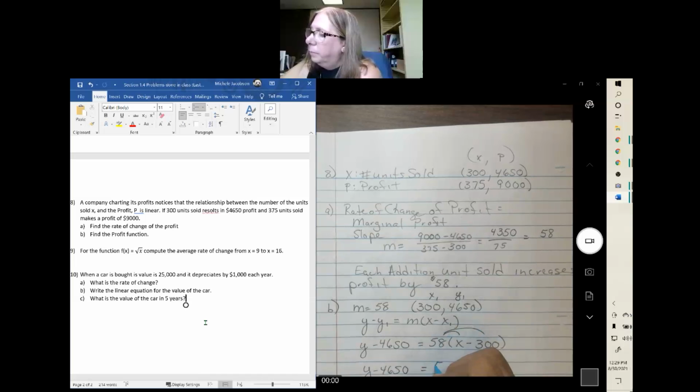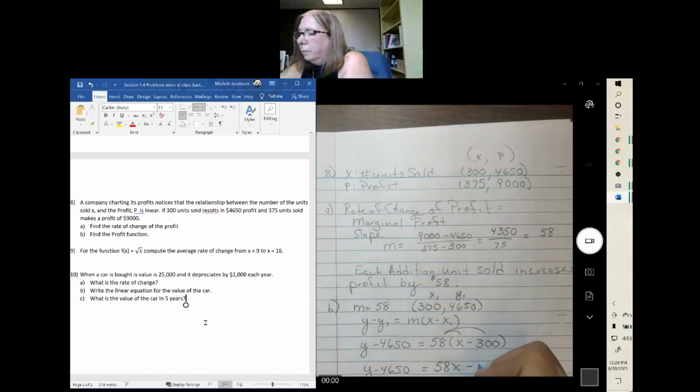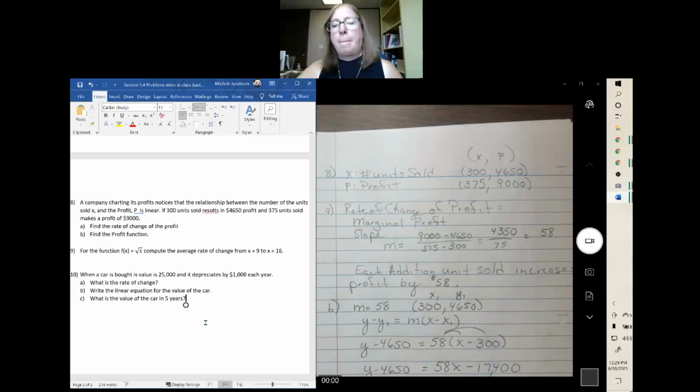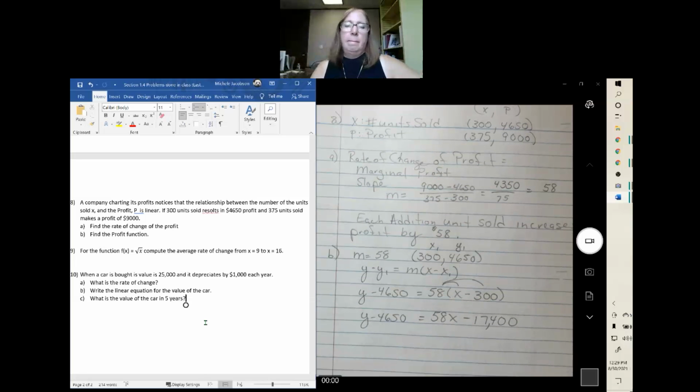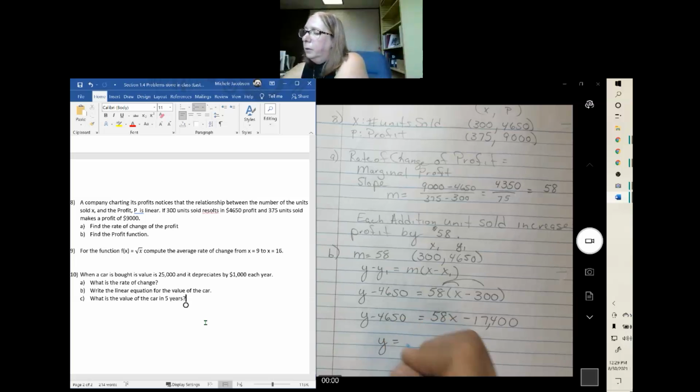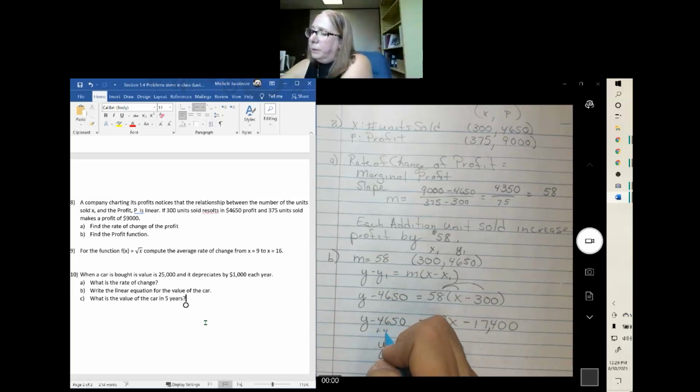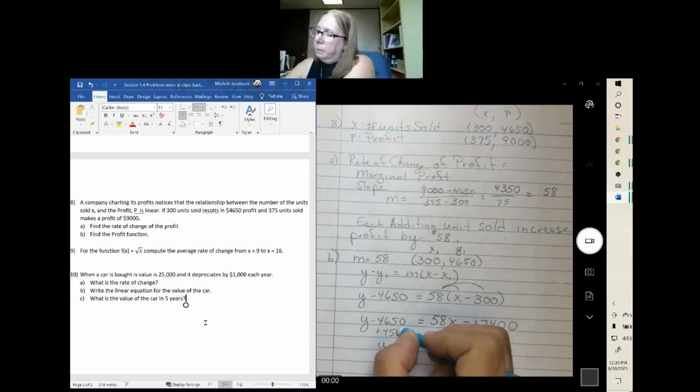Distribute your slope. We're going to add the 4650 to the other side. If I can write it.